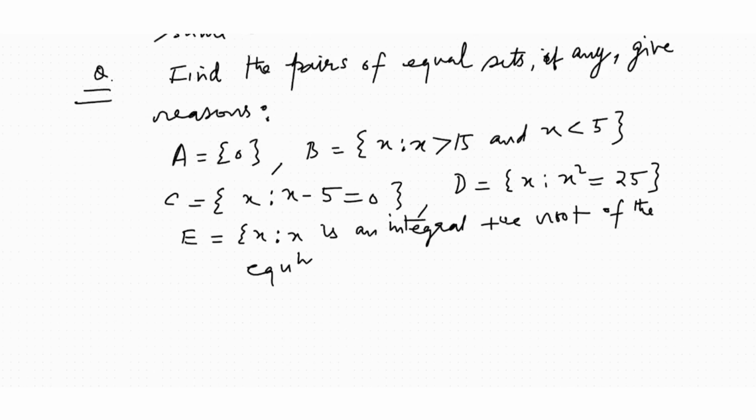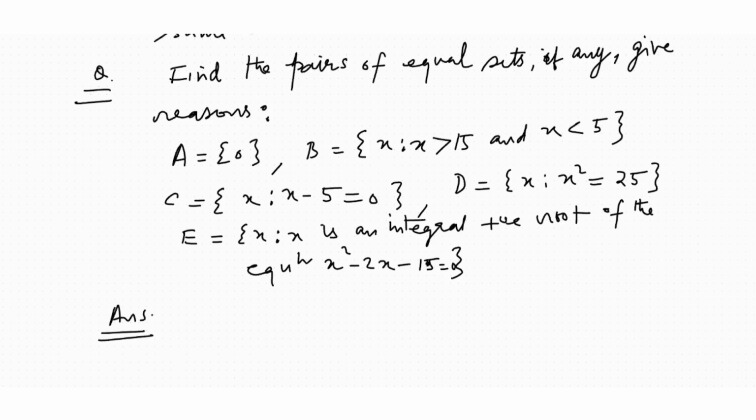x square minus 2x minus 15 equal to 0}. Okay. Now let us examine the condition. So A has got 0, B is a null set because x greater than 15 and x less than 5 would be a null set.